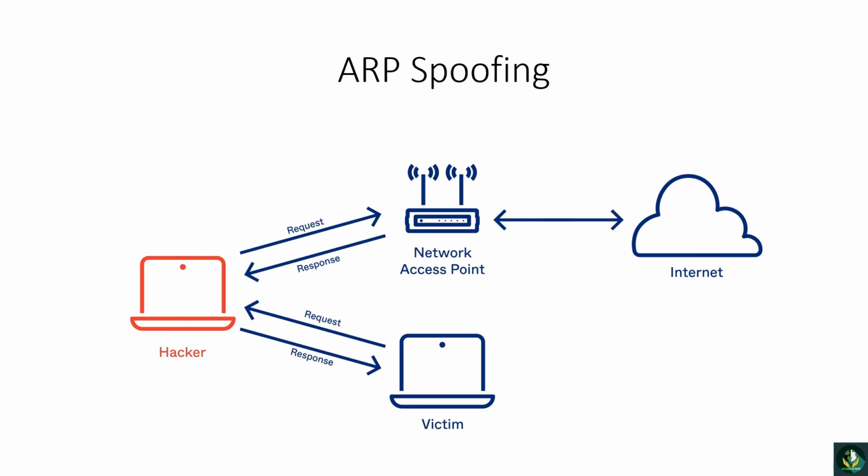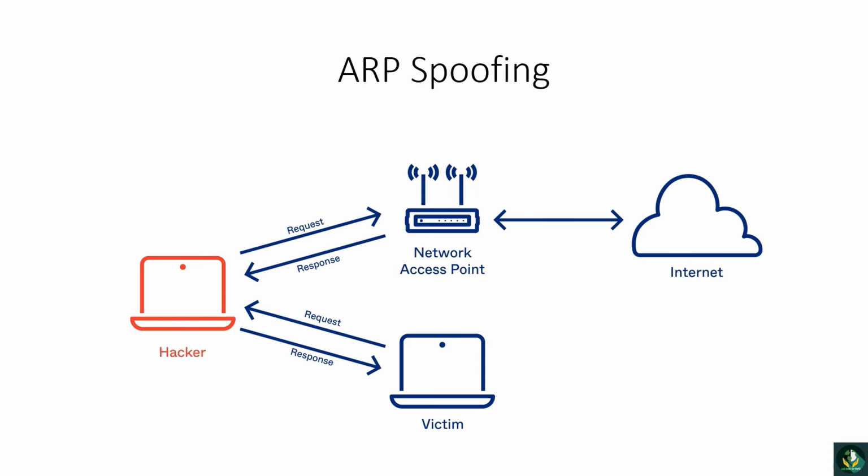We'll do the same with the victim. We'll send it an ARP response and tell it that I am 192.168.1.1, which is the router IP address as we previously saw, and its ARP table is going to update, associating that IP with my own MAC address.